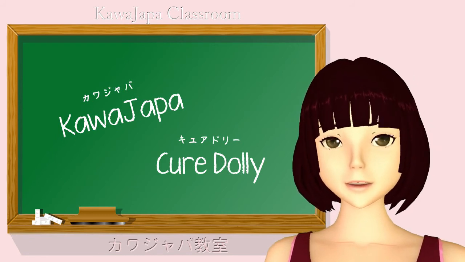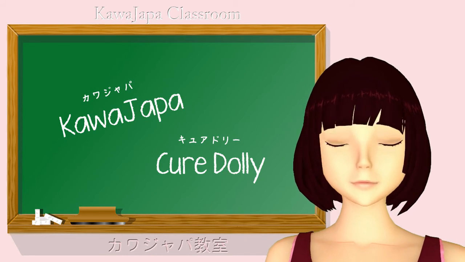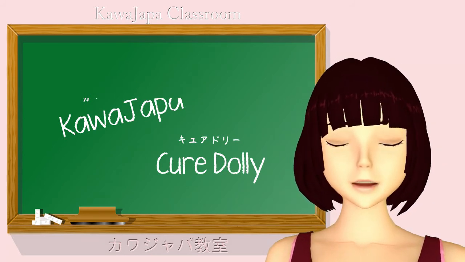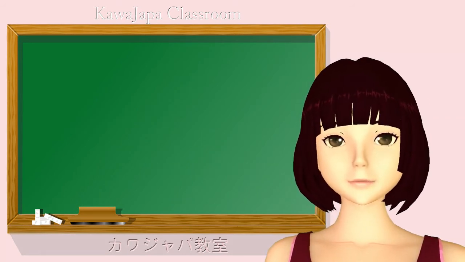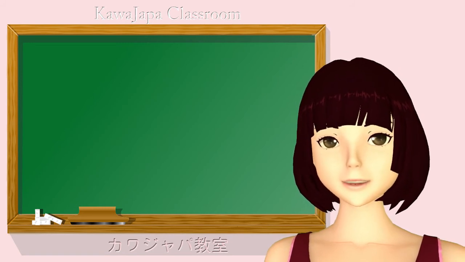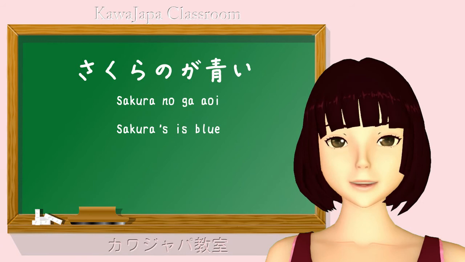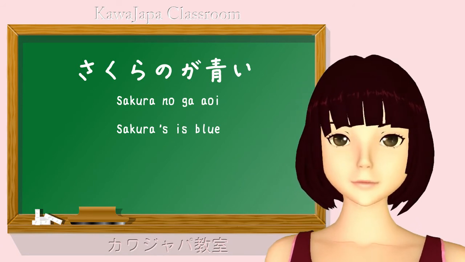I told you that no fundamentally is equivalent to the English apostrophe s. Well, if we say Mary's hat is red and you reply Sakura's is blue, that's exactly the same in English and Japanese. In Japanese we would say Sakura no wa aoi, Sakura's is blue.